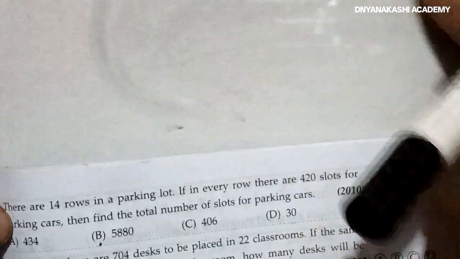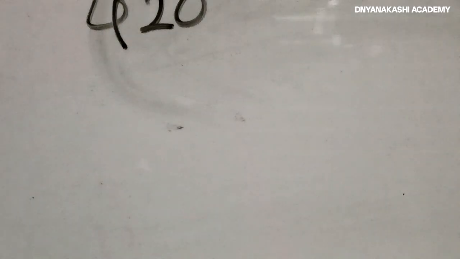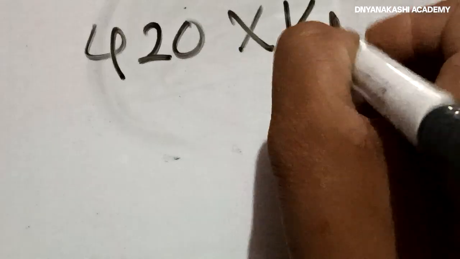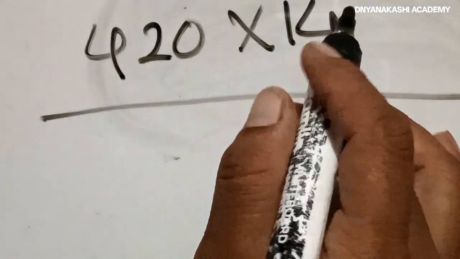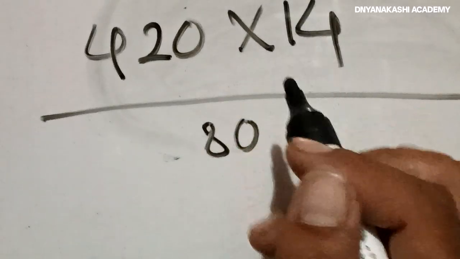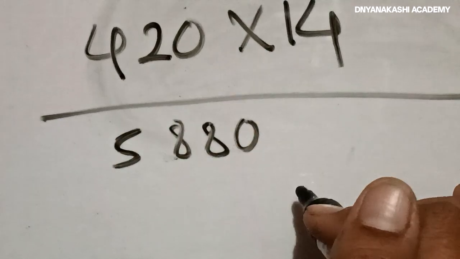In every row, 420 cars are slotted here. How many rows are there? 14 rows. We do the multiplication of these two numbers. We get the answer 5,880.